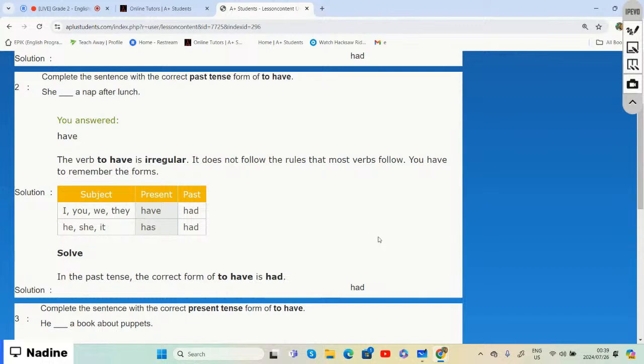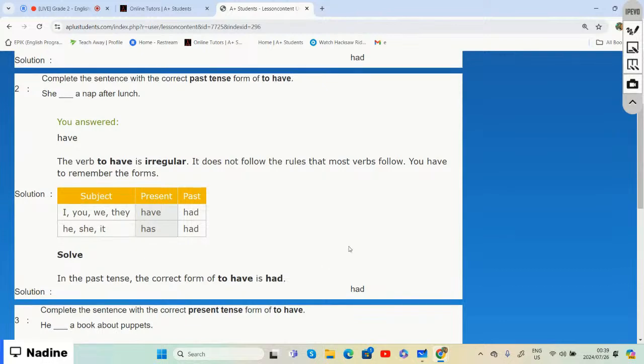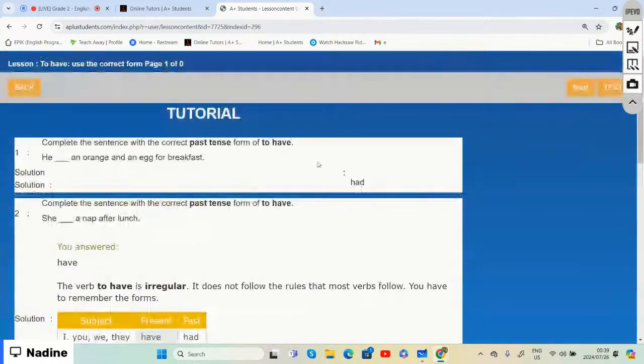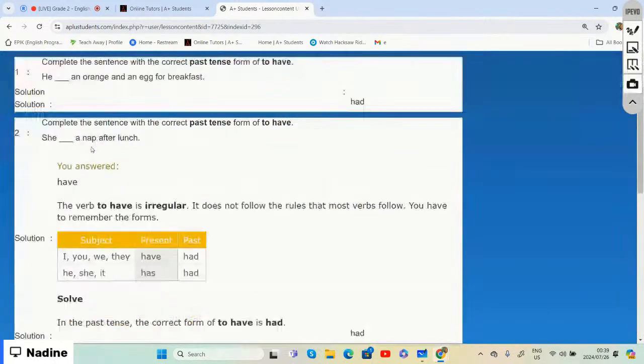All right, so now we're going on to, yet before we go on to our test, right, we're now going to look at the activity where we are going to select either the present tense or the past tense.